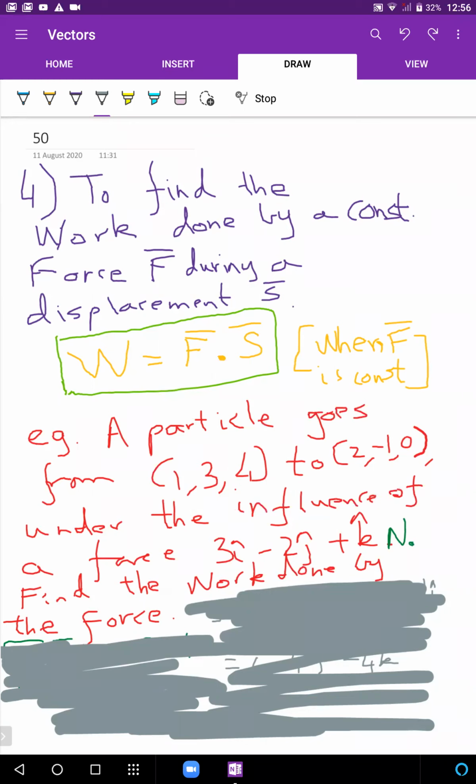Okay, find the displacement vector first. Let me know what you're getting as a displacement vector. वो निकाल के फोर्स है तैयार, डिस्प्लेसमेंट है तैयार, उनका डॉट प्रोडक्ट से वर्क बता दो.